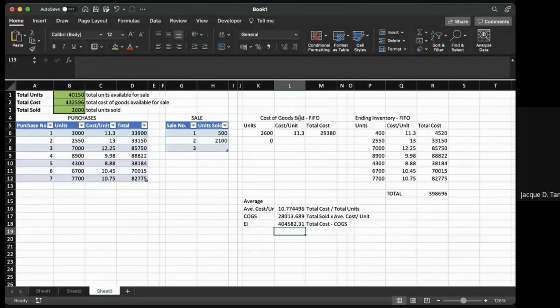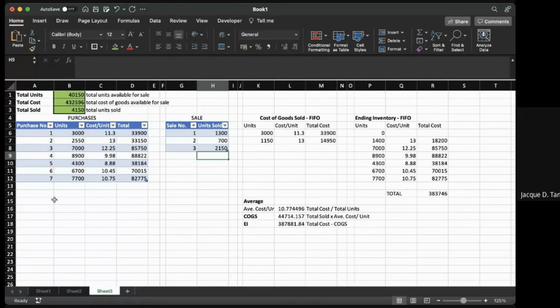So see, we have automated cost of goods sold FIFO, ending inventory FIFO, average cost of goods sold, and average ending inventory just by having this data. So if you want to change again the units sold, let's say we place here 1,300 and then we place here 700 and we place here 2,150. As you can see, it updates everything. So everything is updated real time based on our purchases.